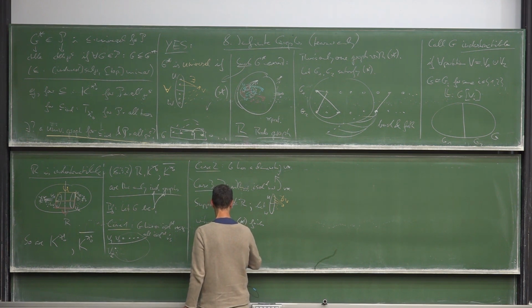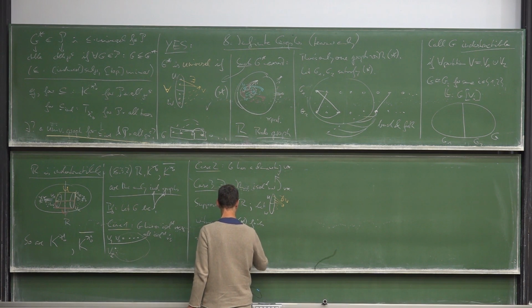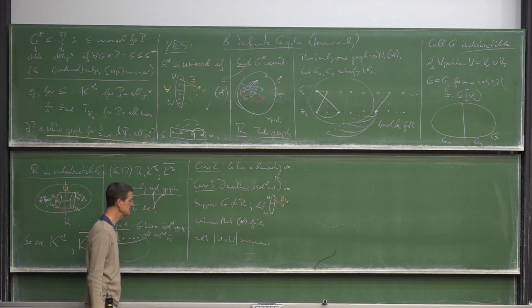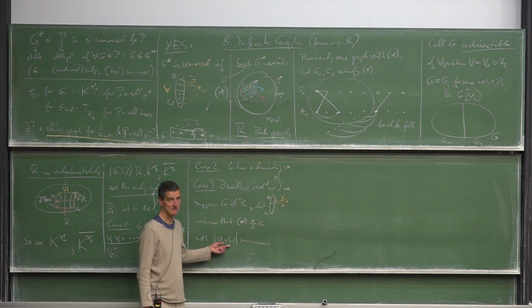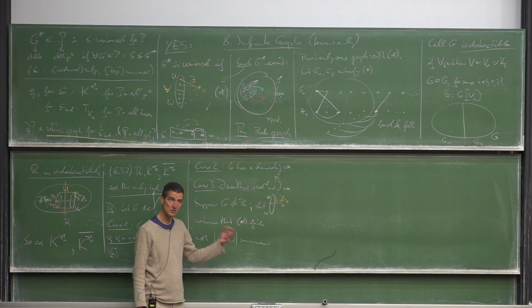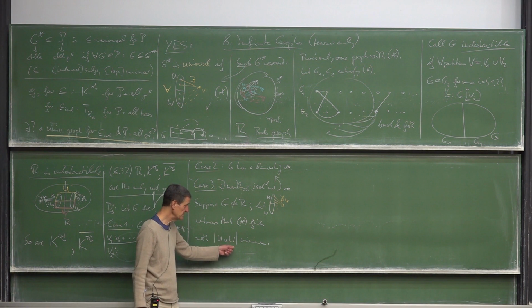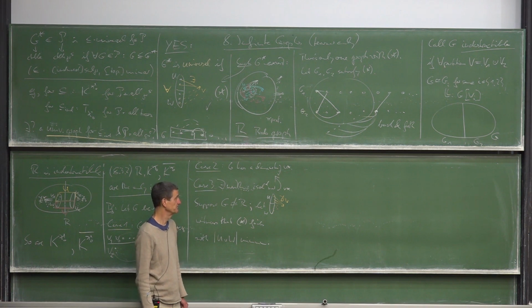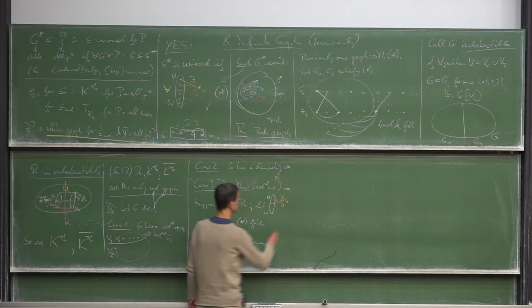So the union of U and W is minimum. They're finite sets. Let's take a pair U, W that is as small as possible. I'm not saying minimal. I'm saying the total number of vertices is as small as possible.